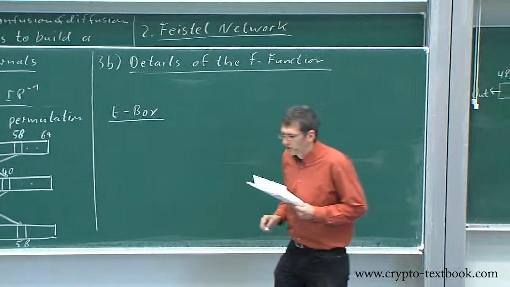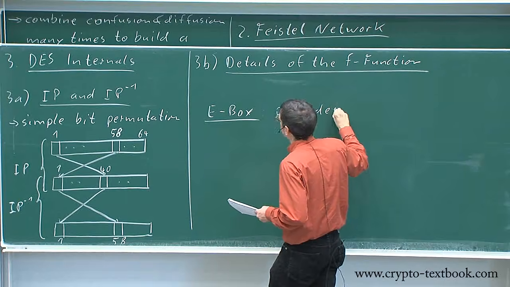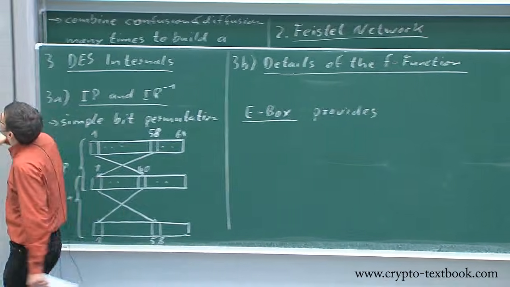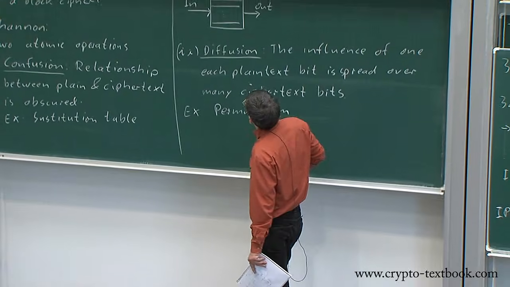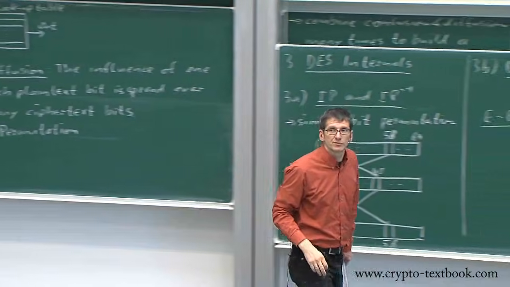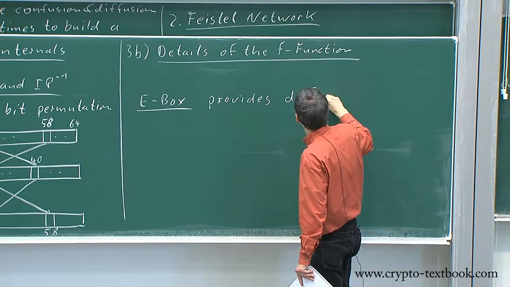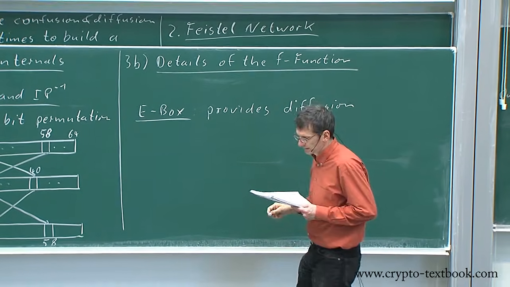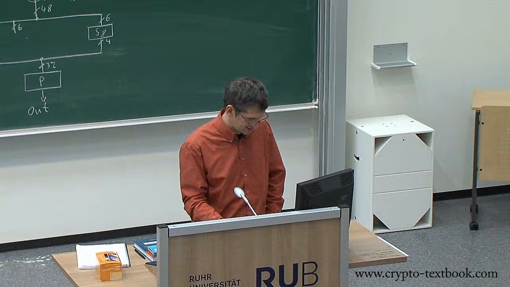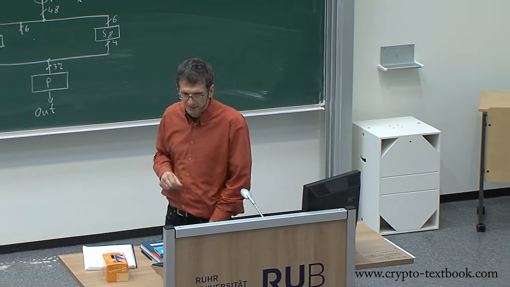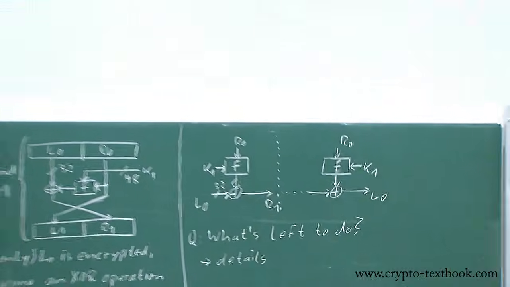If you go back to the building blocks that we would like to use, this provides confusion. This provides diffusion. I think we can observe this well here. So those are the details on the left-hand side of the drawing.